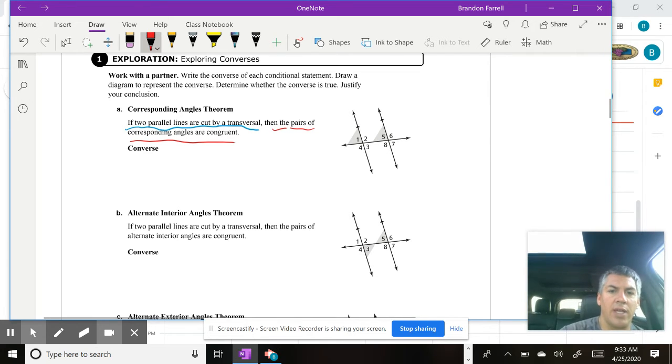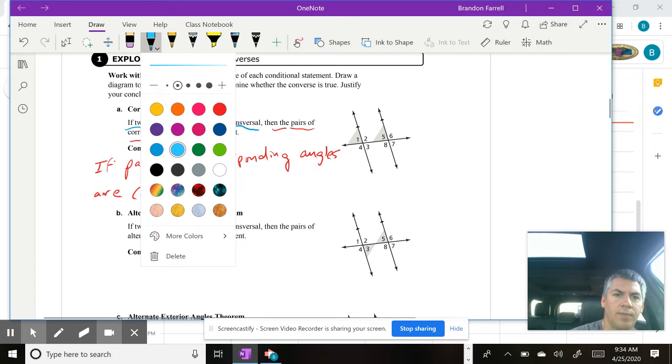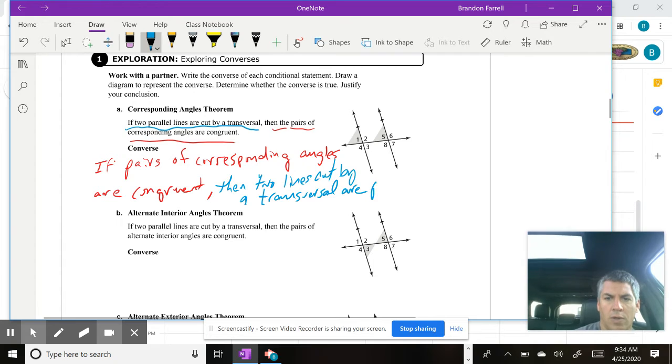So if pairs of corresponding angles are congruent, then two lines cut by a transversal are parallel.